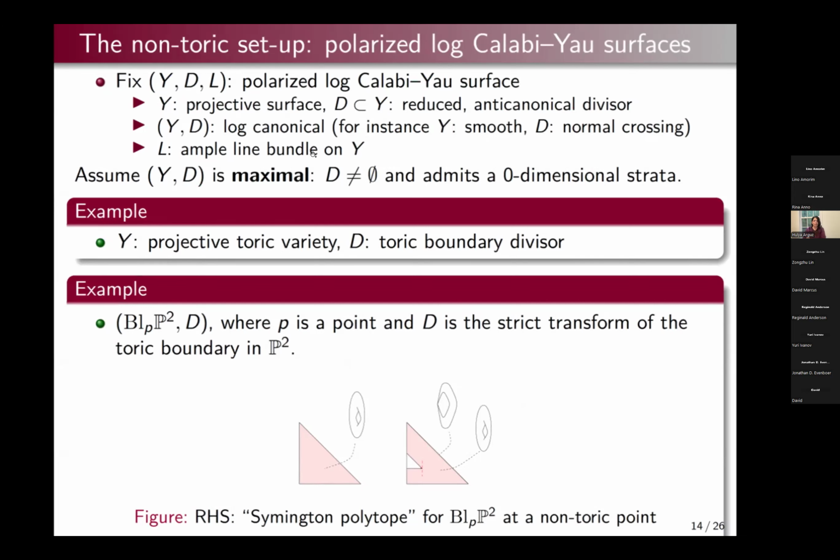We fix a polarized Calabi–Yau surface (Y, D, L), where Y is a projective surface, D is a reduced anticanonical divisor, and L is an ample line bundle. Such a surface is typically obtained by doing non-toric blowups on a toric variety.